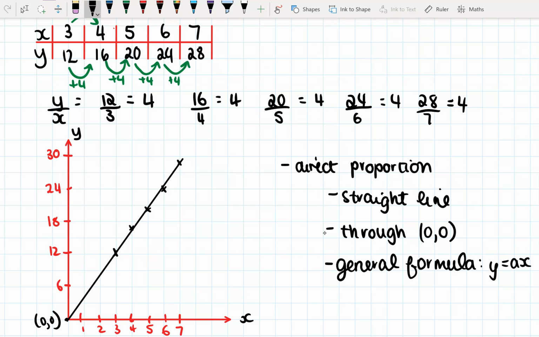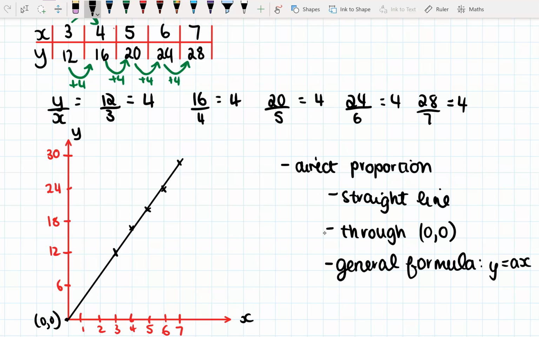If you say something's directly proportional, straight away we write down y equals ax. It means you've got a constant, which is the a, times your variable x. From this formula, we can work out the a value and then we have our formula. You will always get enough information to work your formula out. You're always going to get 1 or 2 points, and we can substitute any point in here to find out what that a value is.